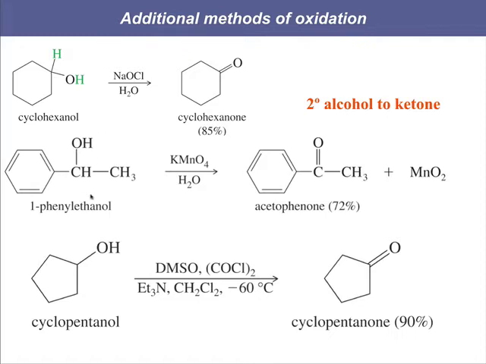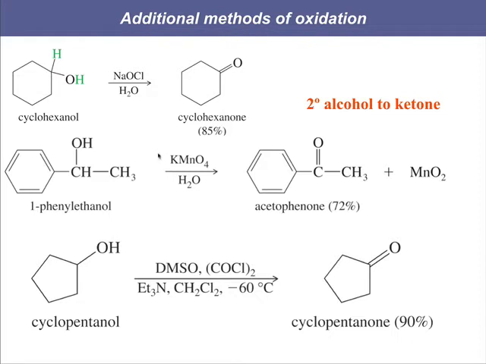Another oxidizing agent that we've seen before is KMnO4. We used KMnO4 to make diketones from triple bonds. We used it to cleave double bonds and triple bonds to give us carboxylic acids. We used it to create diols in neutral cold conditions from alkenes.